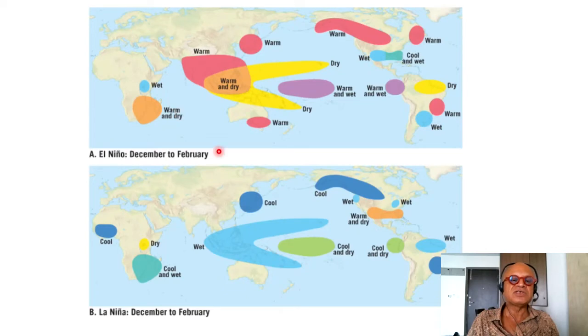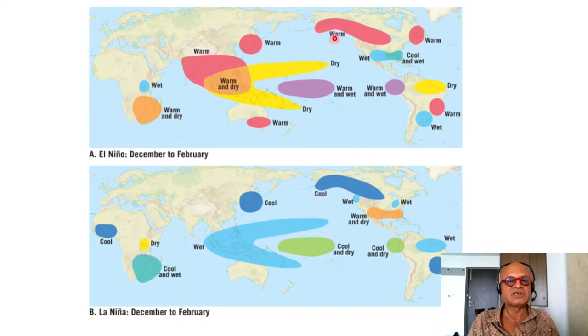So moving heat sources typically create global anomalies. Depending on the season, here December to January, when the warmest temperatures happen here, you get warm wet conditions here, you get warm and dry conditions here, you get warm conditions here, warm, wet and cool.